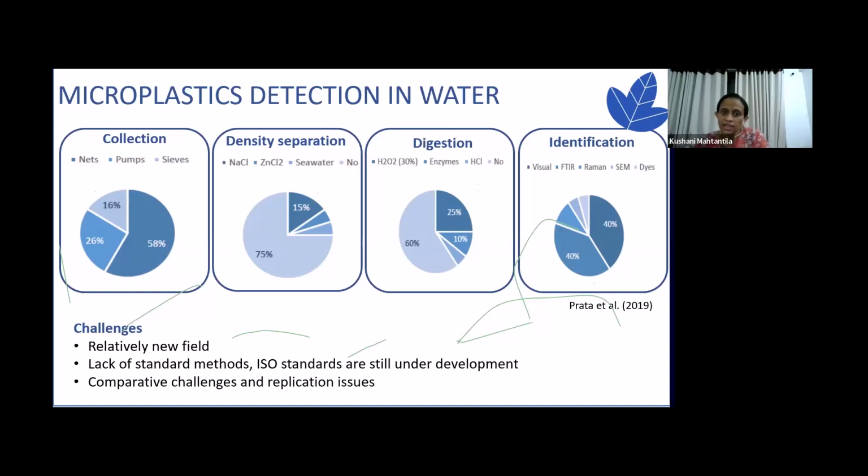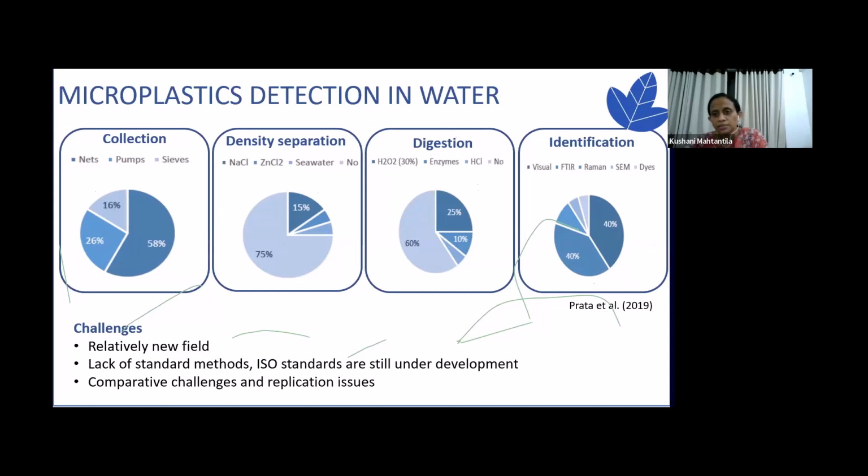For the digestion, several solutions are used, like hydrogen peroxide, enzymes, alkali digestion, and acid digestion. 60% of the researchers have not used any digestion, and 25% have used hydrogen peroxide as oxidative digestion.